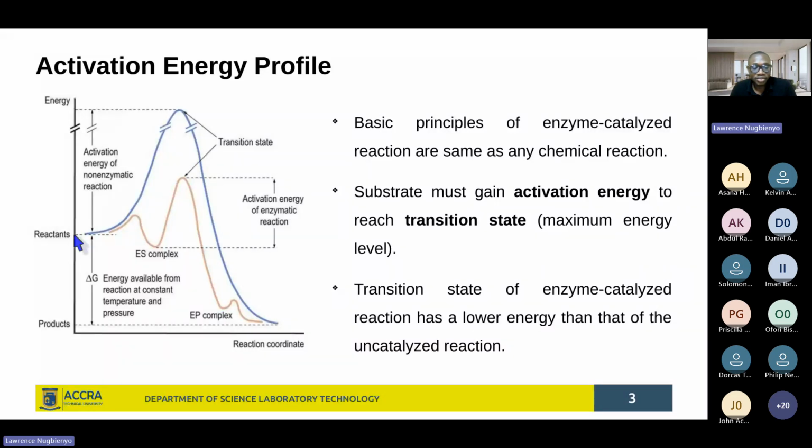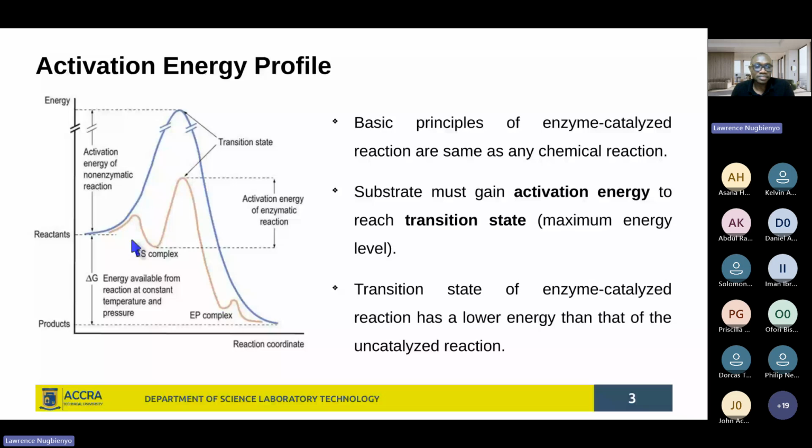You even see what happens first of all is that an enzyme binds with a substrate, that is the substance on which it is acting, and that gives you an enzyme substrate complex. What is written as ES complex is referring to an enzyme substrate complex, which is having an energy a little lower than that of the reactants.